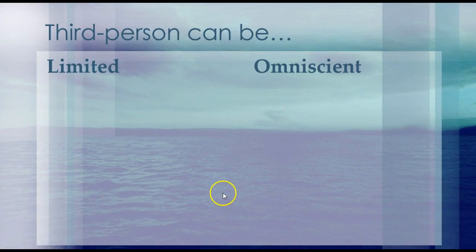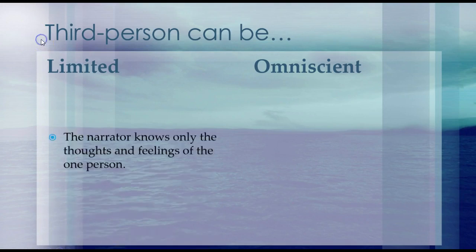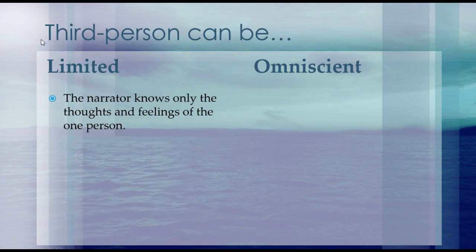Okay, this is where it's going to get a little bit confusing, okay? So third person can be in multiple versions. First up, limited. The narrator knows only the thoughts and feelings of one person.